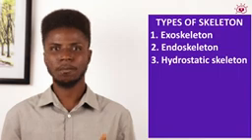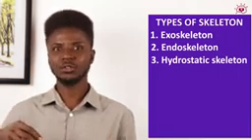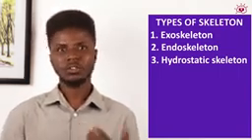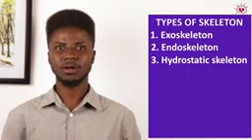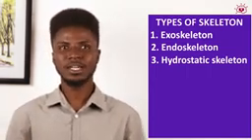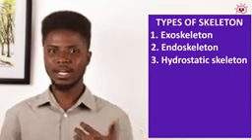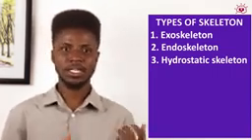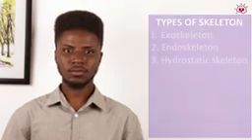Now, this high pressure prevents injury to the inner tissues within the animal. Anyway, you should know that since it's a liquid medium, it can be as protective as either the endoskeleton or the exoskeleton.